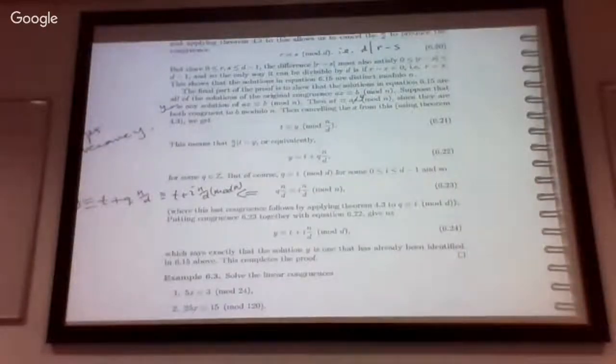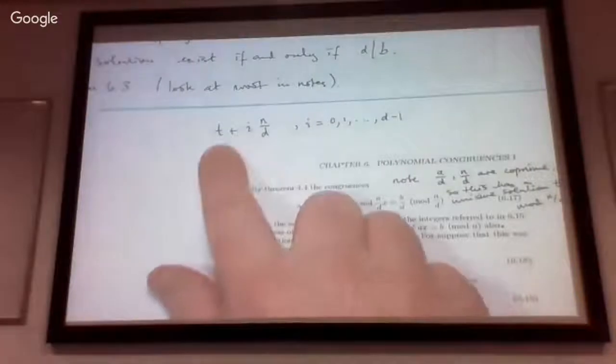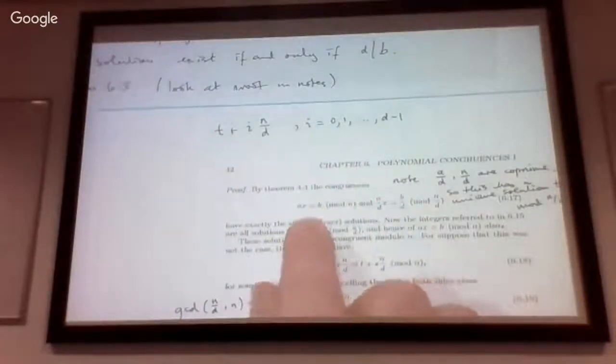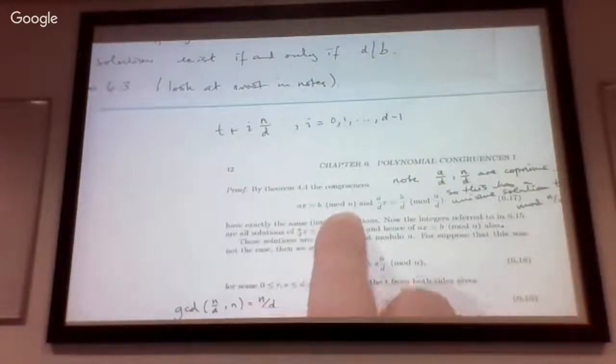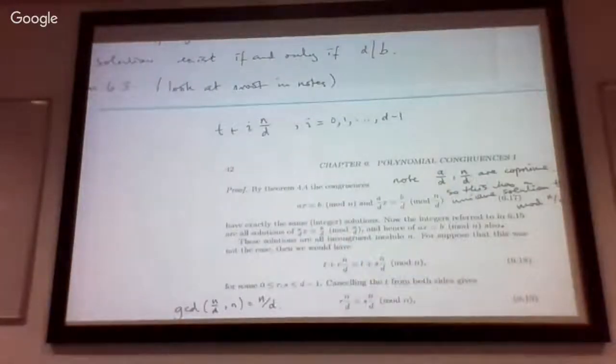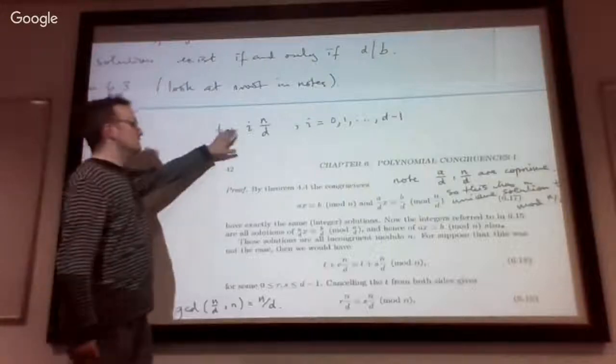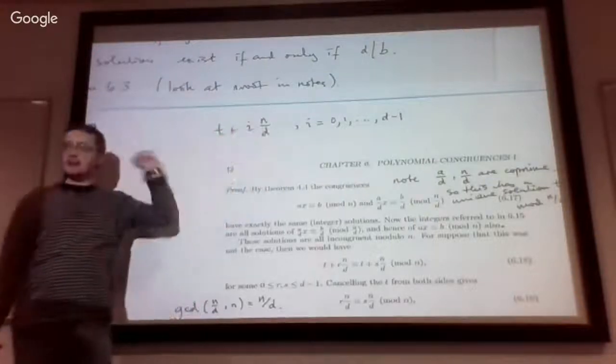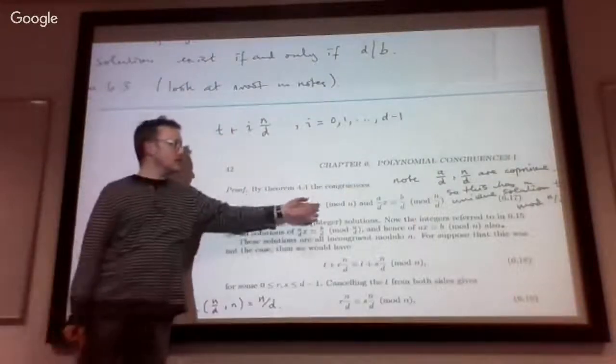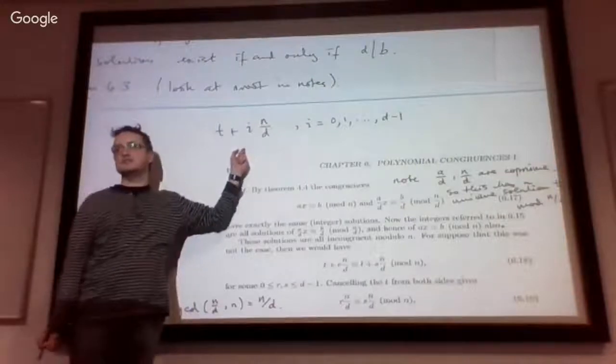Okay. So the theorem was proved by first saying, look, this bunch of integers are solutions to this. They all come from different congruence classes modulo n, and nothing has been missed out. Every solution of this linear congruence is congruent to one of these.